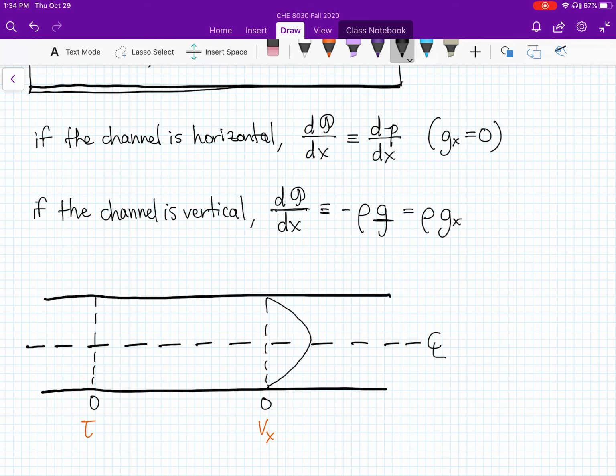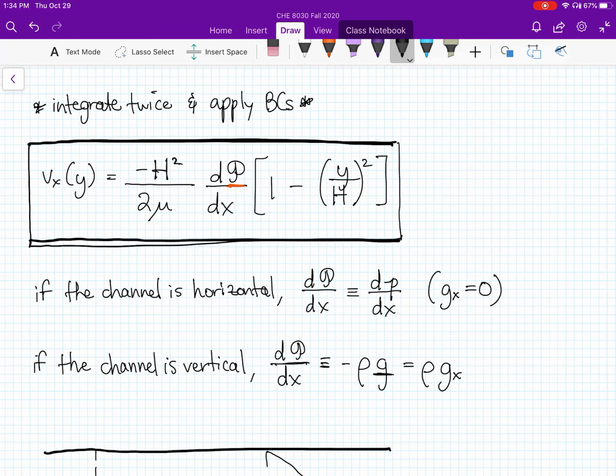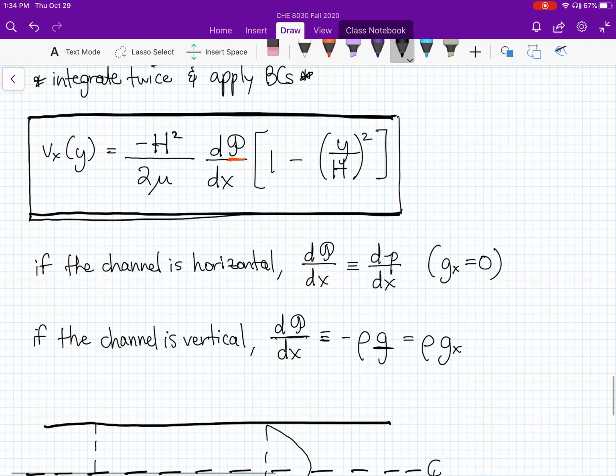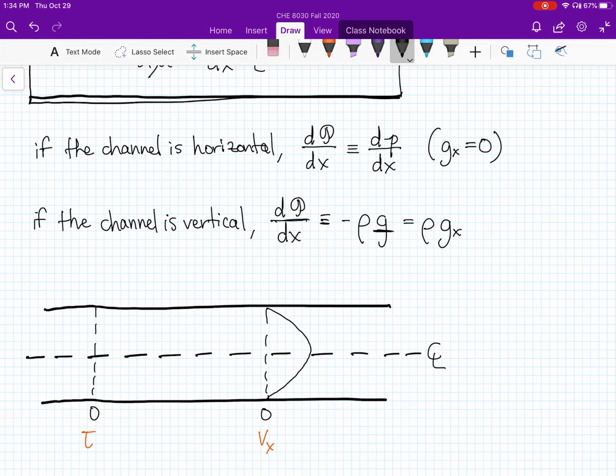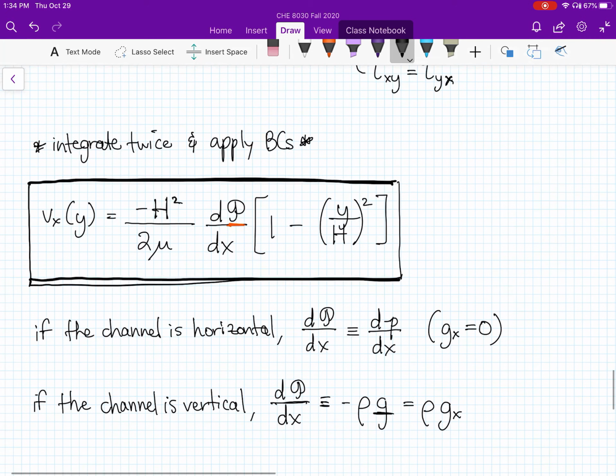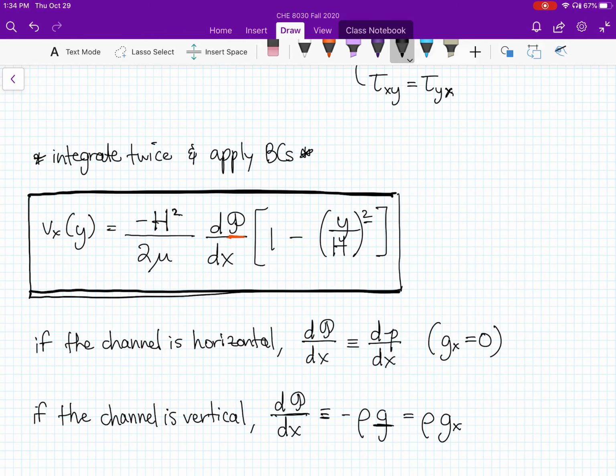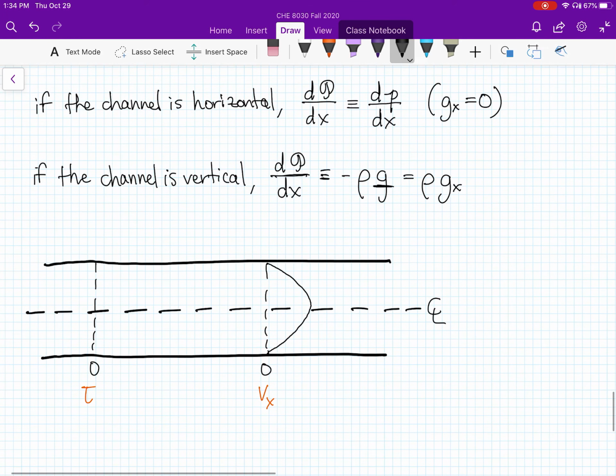In contrast, I could take the derivative of my velocity profile and multiply it by the shear viscosity. That would give me my shear stress. Biggest thing to note is when I take the derivative, this now goes as simply a function of y. It becomes a linear equation.